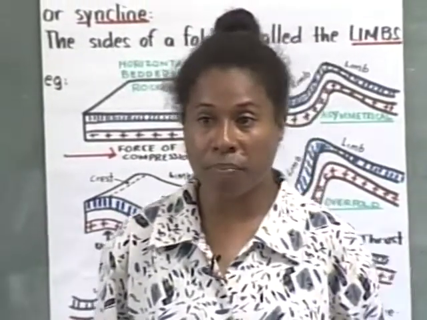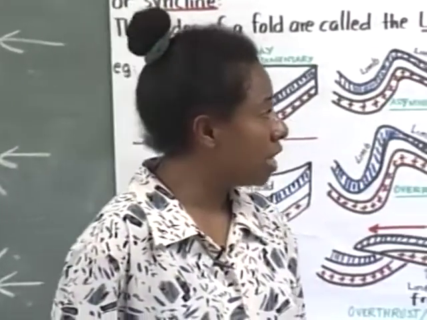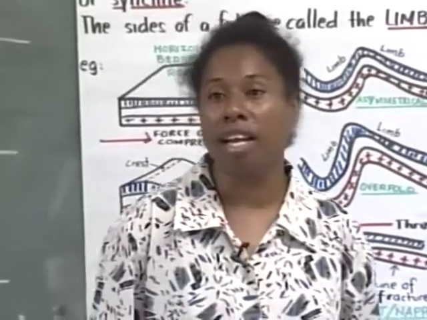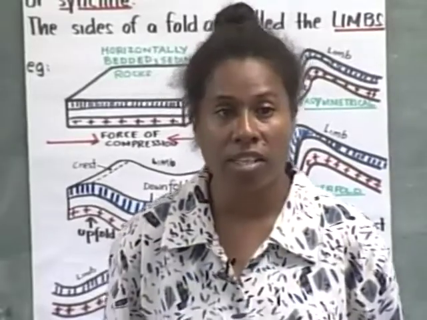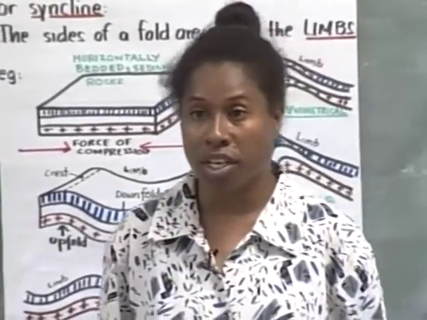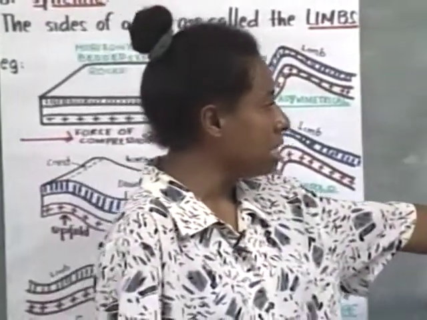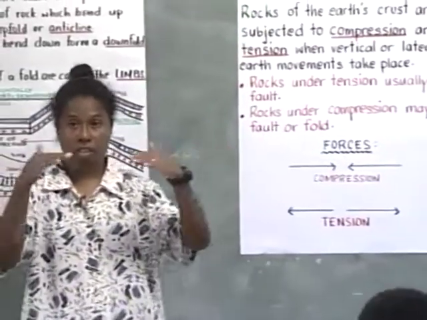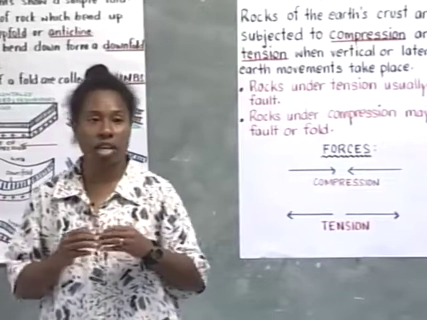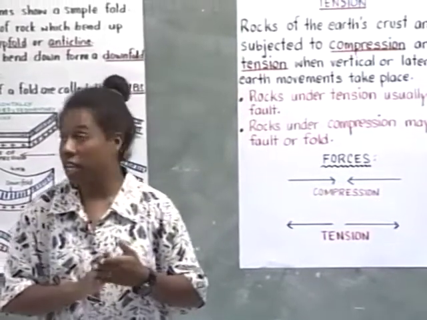And note that the important force that is actually exerted on the layer of rocks to contribute to the type of folding is the force of compression. And the diagram here will simply show us the force of compression, that is forces which are acting towards each other. And that will also bring us to the end of the lesson.